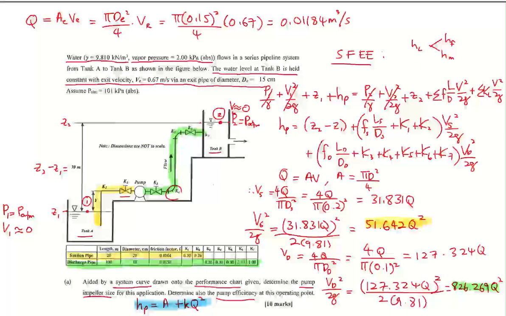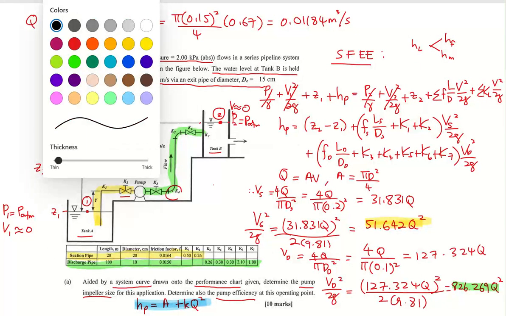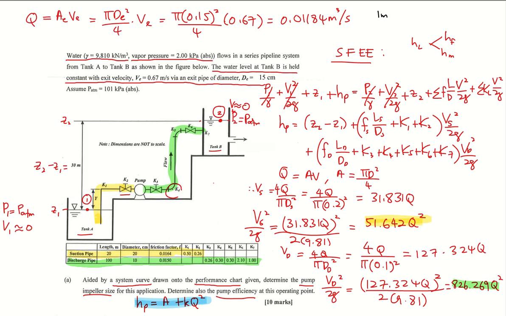Go back again for the conversion. 1 meter cube per second is 1000 liters per second. So 0.01184 meter cube per second, you times with 1000, you get 11.84 liters per second.